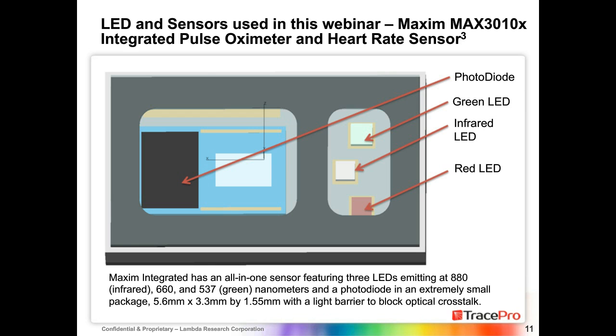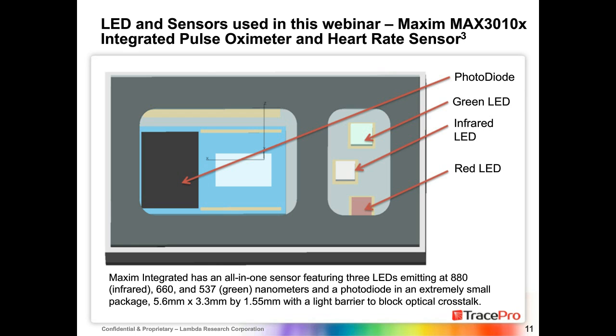And on the other side, we have the photodiode. In the middle, we have a blocker that makes sure the light can't go directly from the LEDs over to the photodiode. If you look at the LEDs and the emission, we're talking about a 0.88 micron infrared, 0.66 red, and a 0.537 green. Or if we're talking nanometers, we're talking 880, 660, and 537.